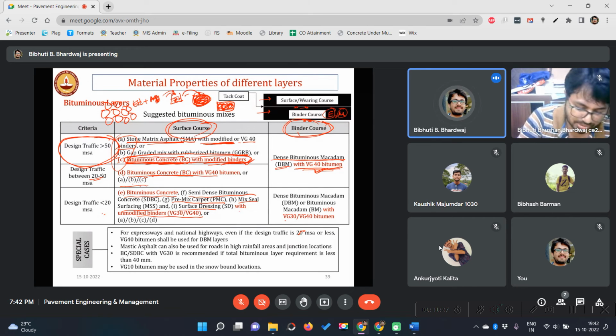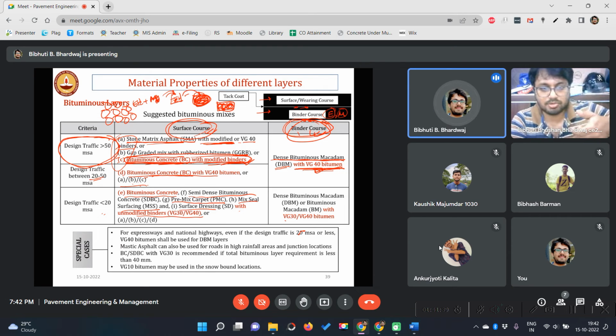Say we have used this for the surface course. For the binder course, what are you using? The dense bituminous macadam with PG40 bitumen. It's a bituminous mix. In the upper layer you have used modified bitumen, and here you have used PG40 bitumen.